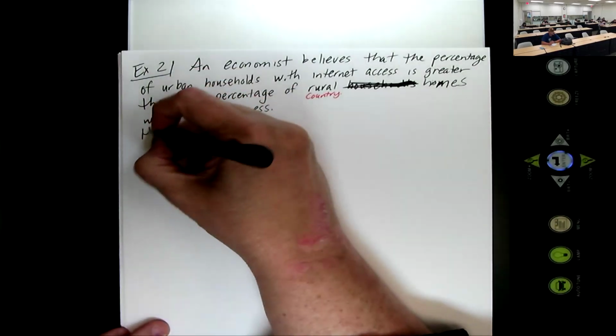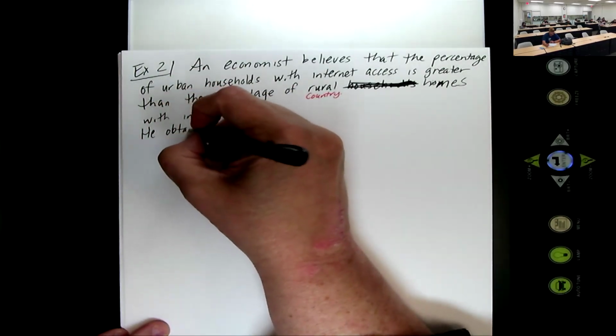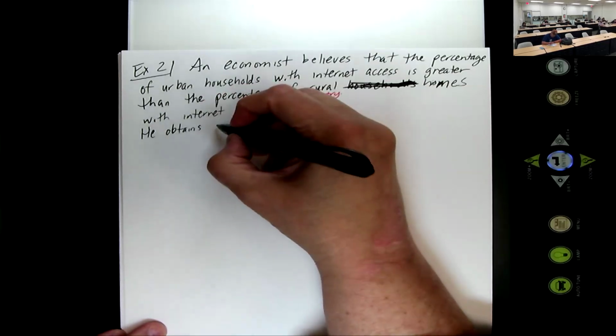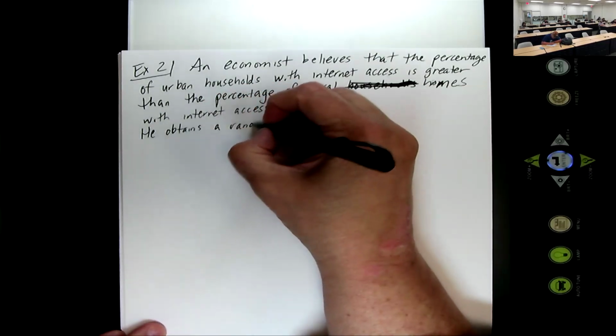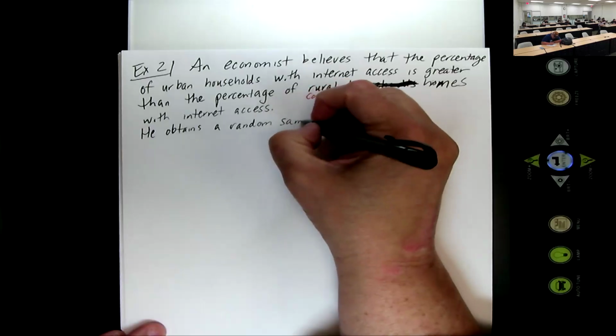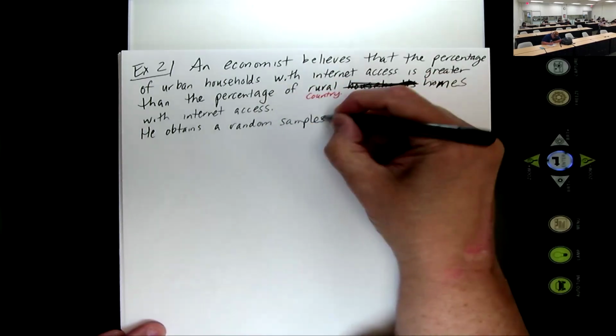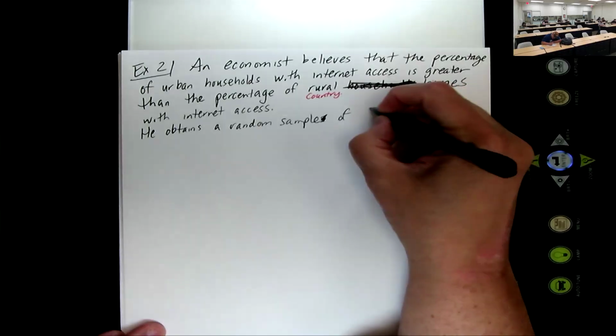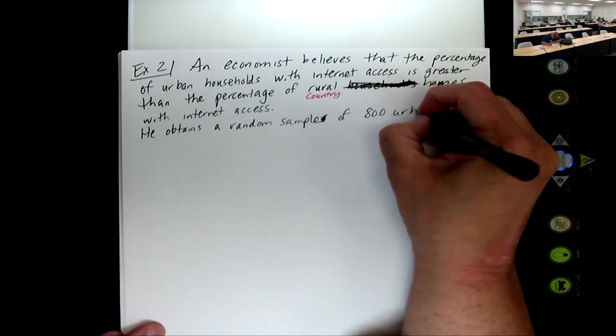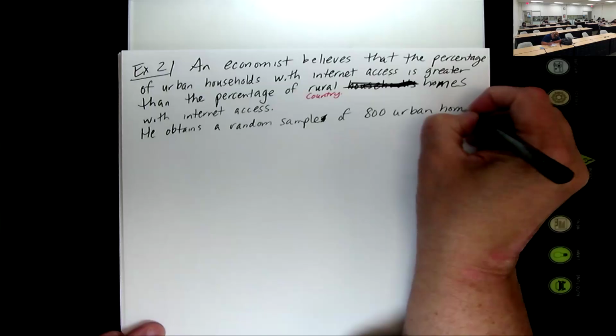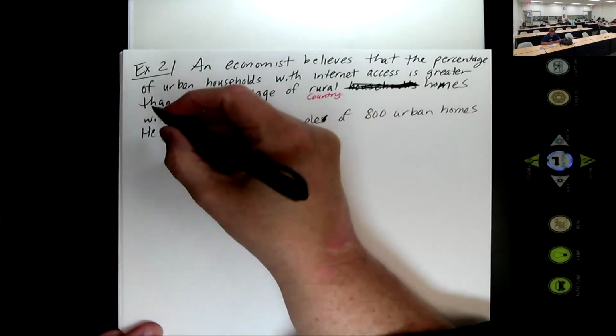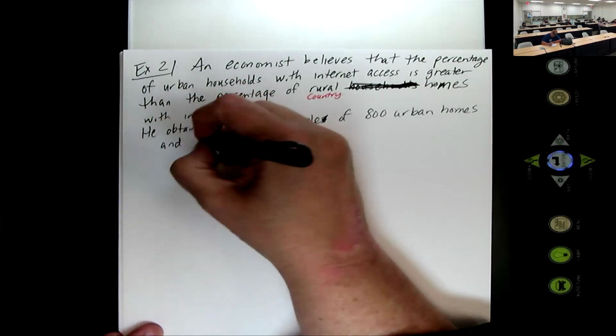So he obtains a random sample of 800 urban homes and finds that 338 have internet.